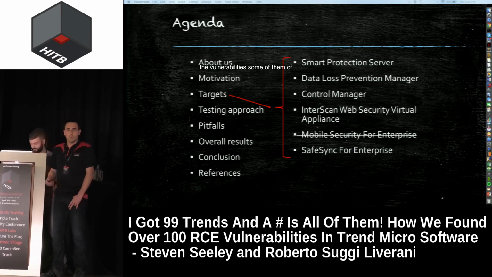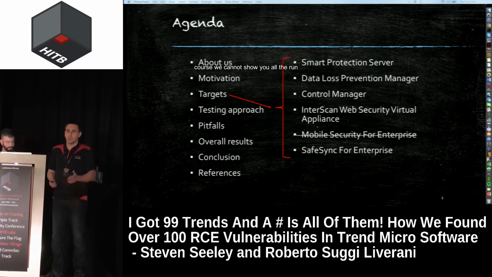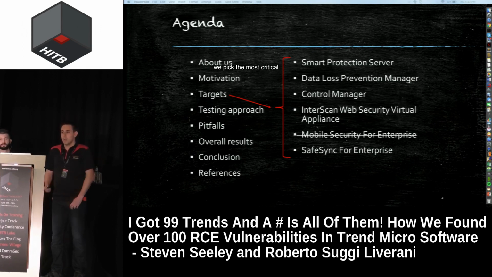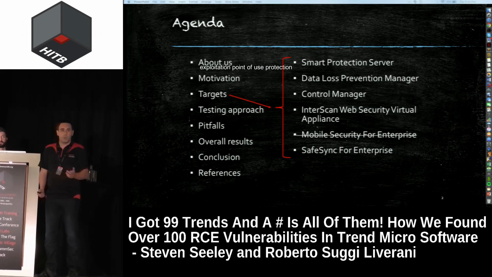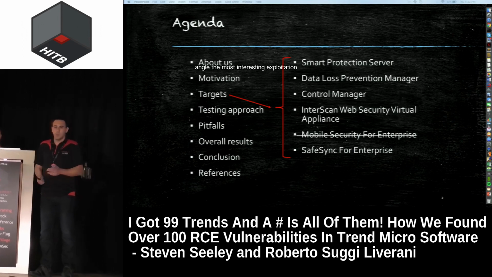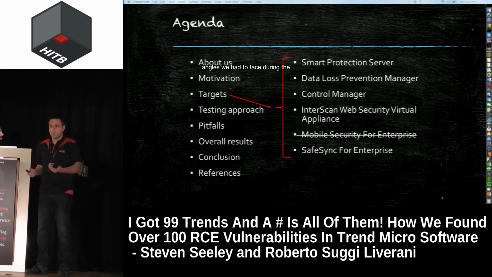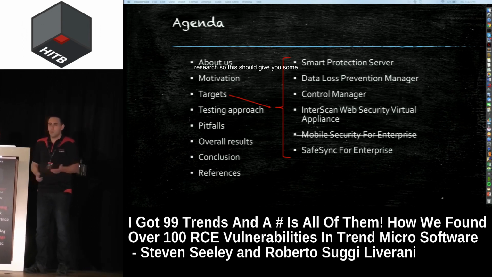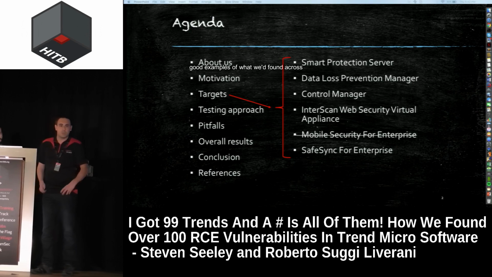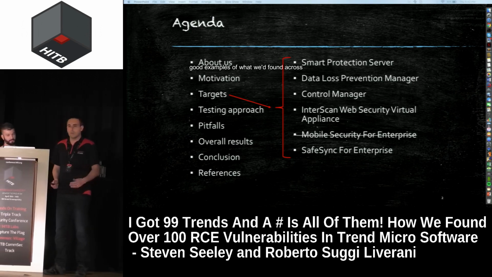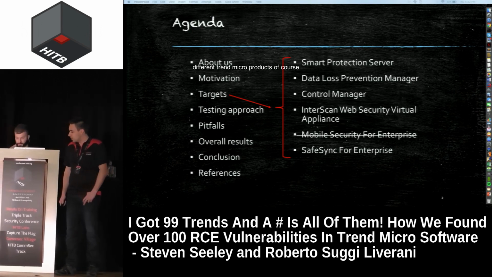We're going to show you the vulnerabilities. Of course, we cannot show you all of them because of time and so on. But we picked the most critical vulnerabilities, and from the exploitation angle, the most interesting exploitation angles we had to face during the research. So this should give you some good examples of what we found across different Trend Micro products.